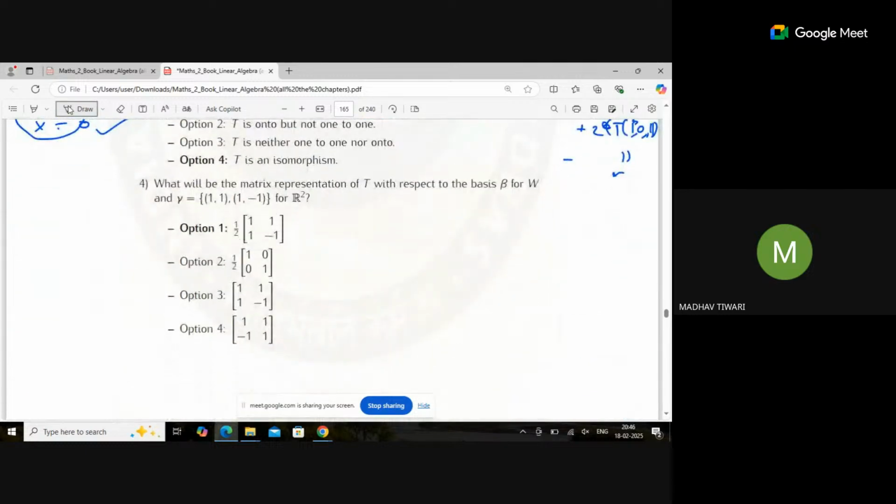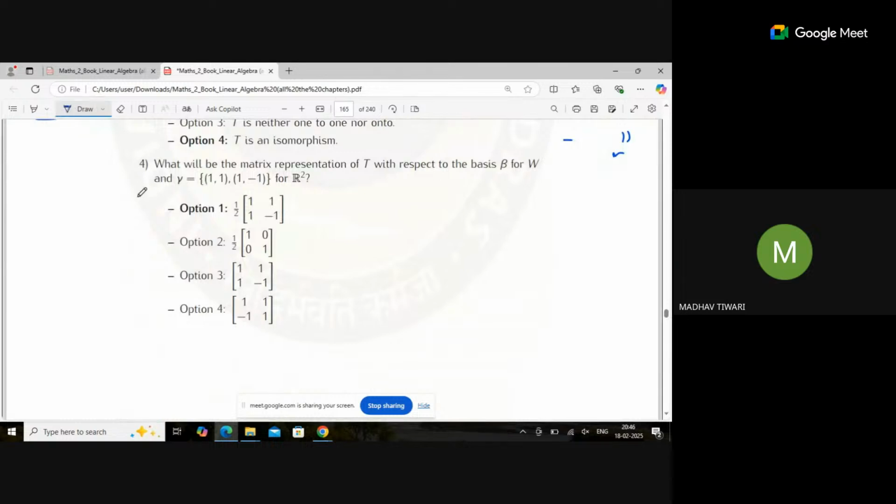Okay, so next is this. What will be the matrix representation of T with respect to the basis beta for W and gamma for R2? So what is this beta?